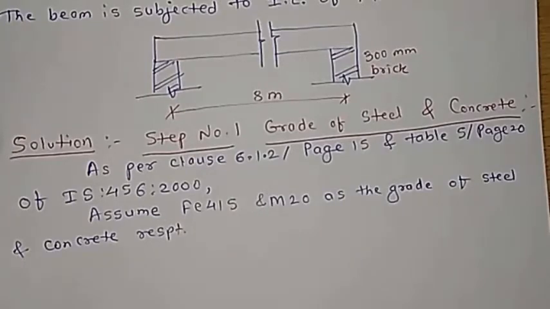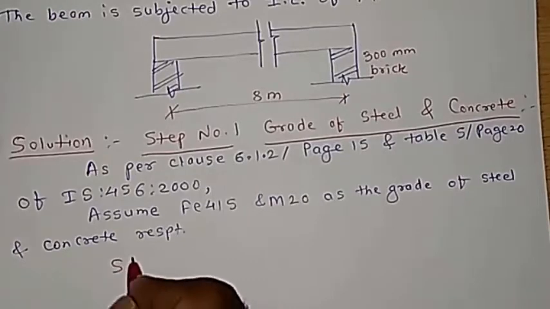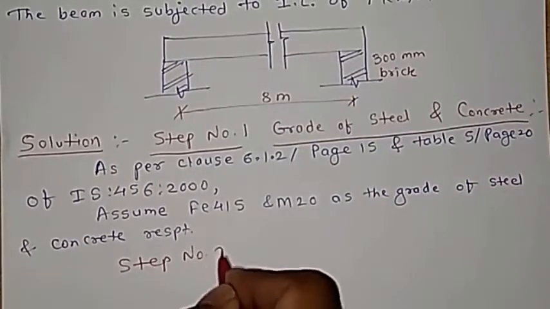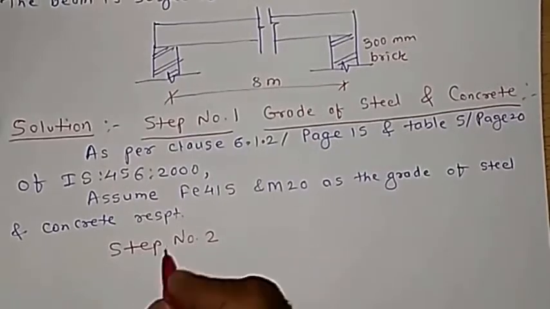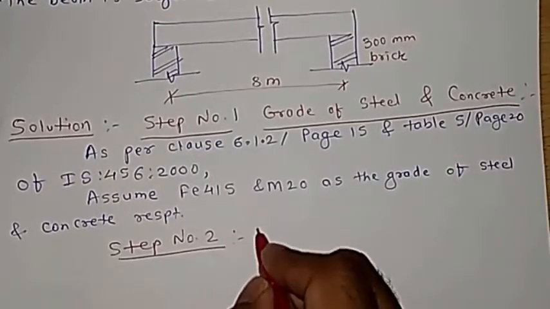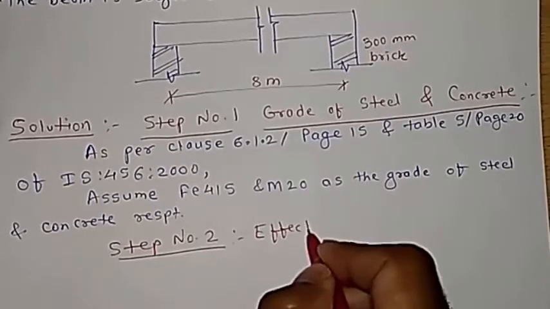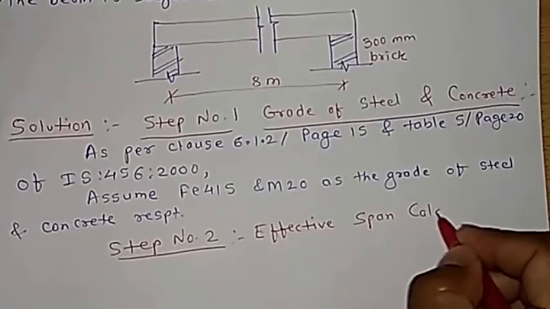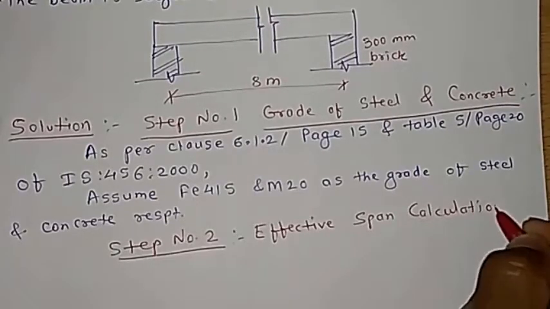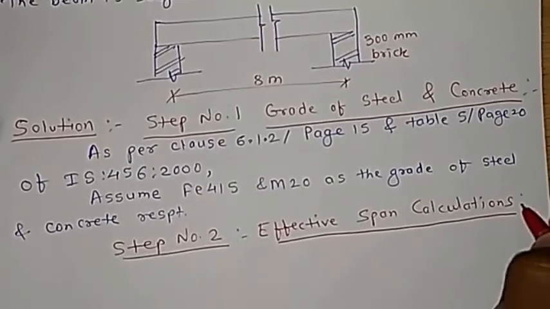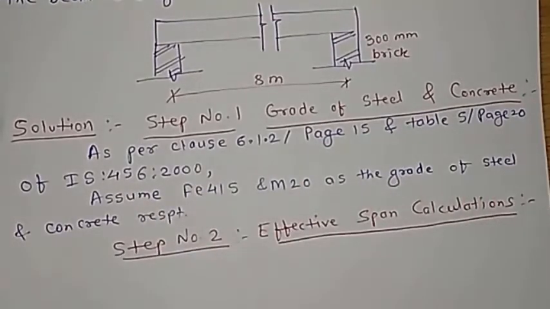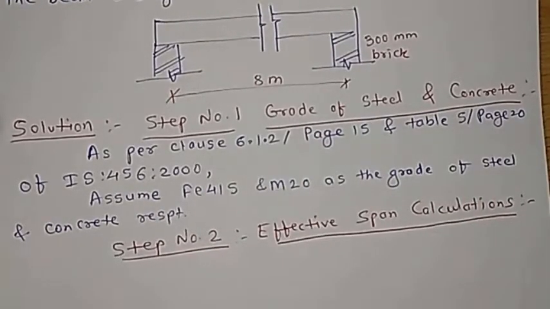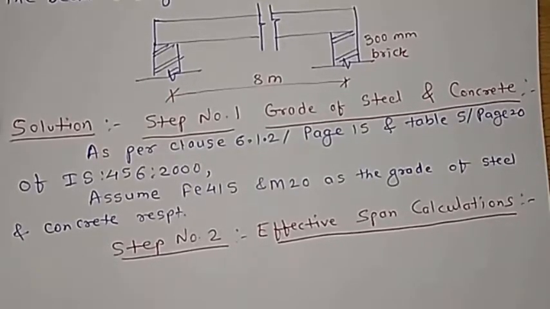Now we'll go ahead with step number 2, that is the effective span calculation. So again we need to go with clause 22.2, that is page number 34.